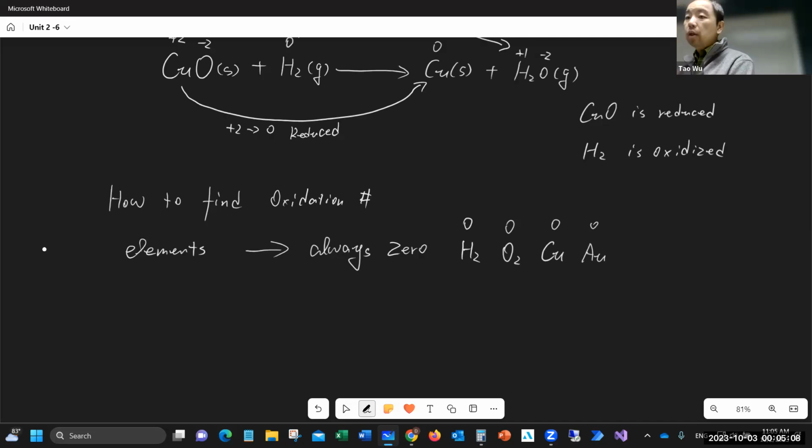And the next one, oxygen. Oxygen is -2. Oxygen in a compound, not in elements. Oxygen as an element is 0, but oxygen in a compound is always -2, except in peroxide.